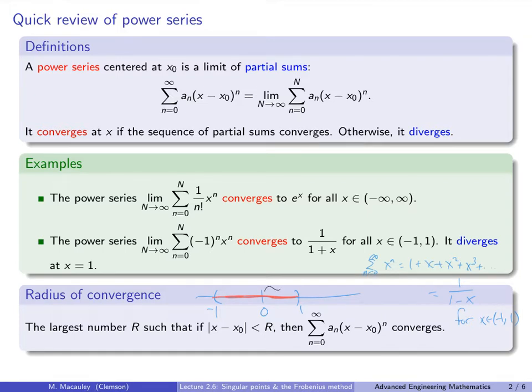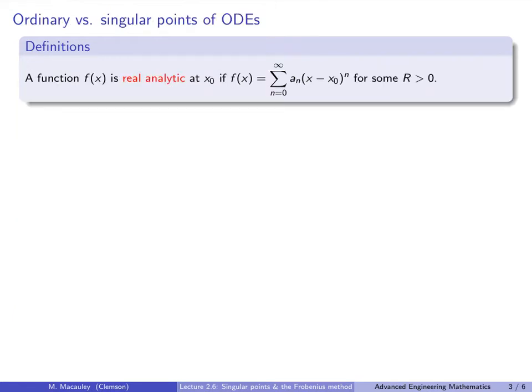In this case, r equals 1. Basically, we look at where the power series is centered and see how far we can go out from there and ensure that the power series converges in that interval. That's all this is saying. You can think of it as how big an interval this thing actually makes sense on. Is it defined?